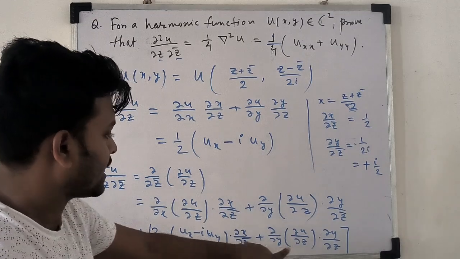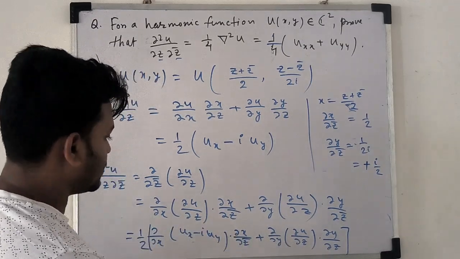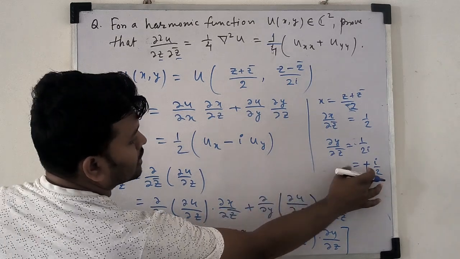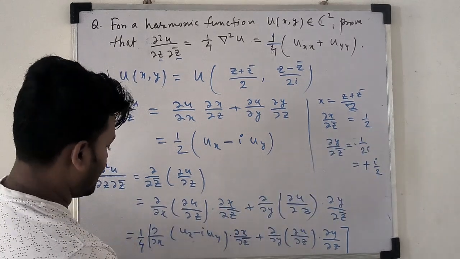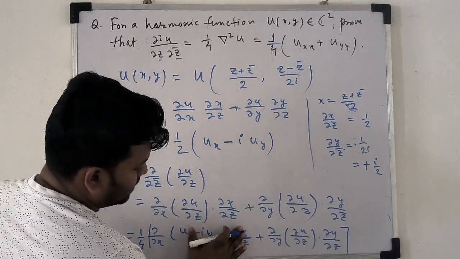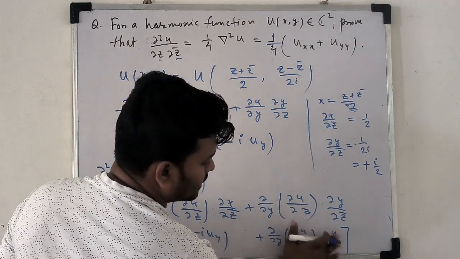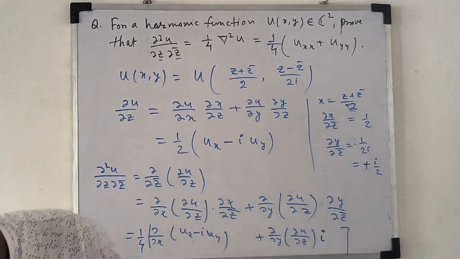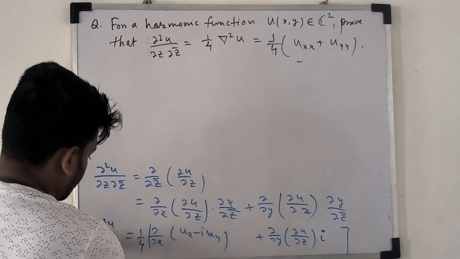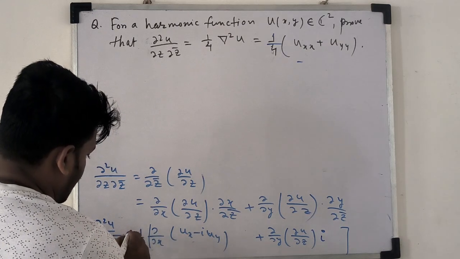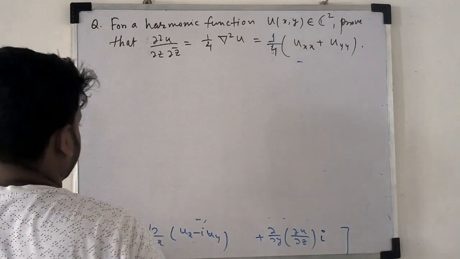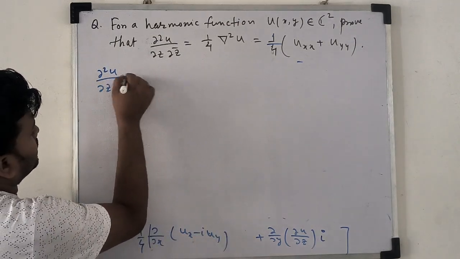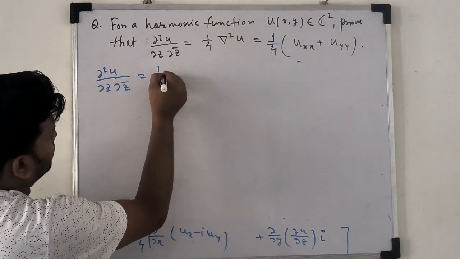So whenever we use this, it becomes 1/4. Here ∂x/∂z̄ is half and ∂y/∂z̄ is i/2, so this will be multiplied by i. Now we find ∂²u/∂z∂z̄, which will be 1/4.